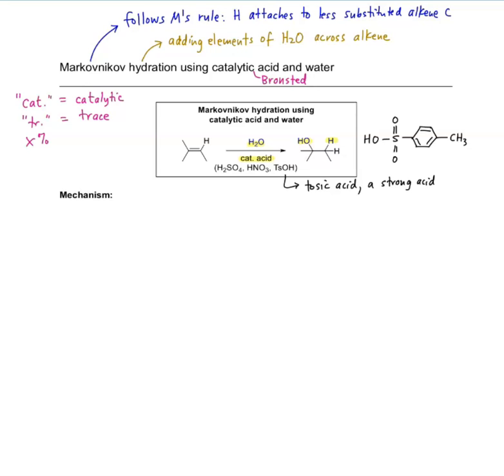All right, so let's see what happens in the reaction. We're going to look through a mechanism. First of all, notice that the OH group attached to the more substituted alkene carbon. So that's another way of expressing Markovnikov's rule.